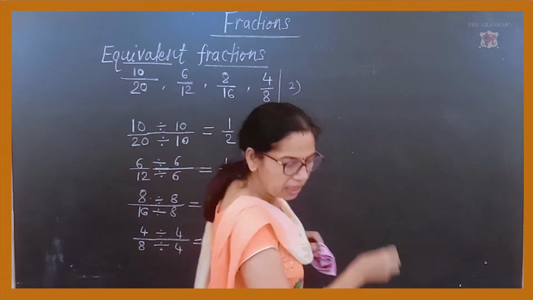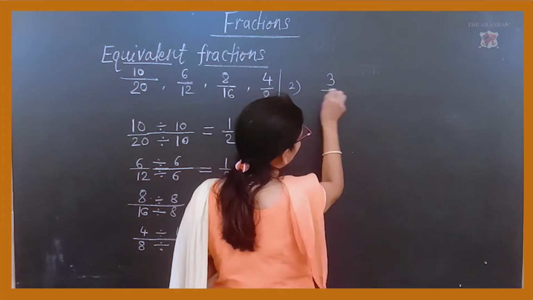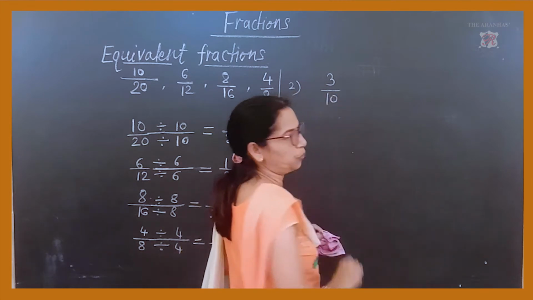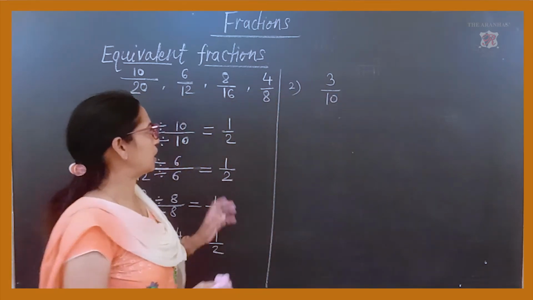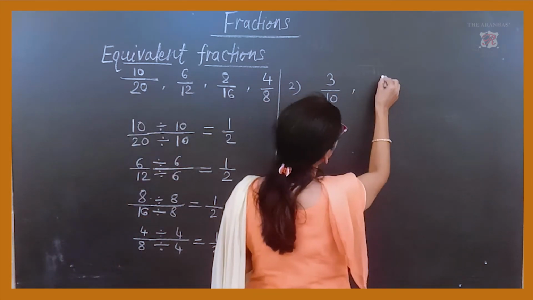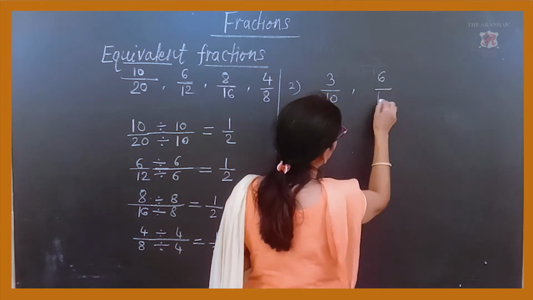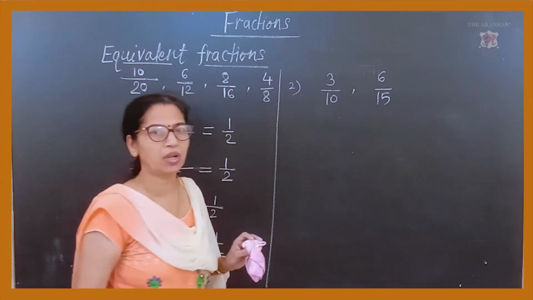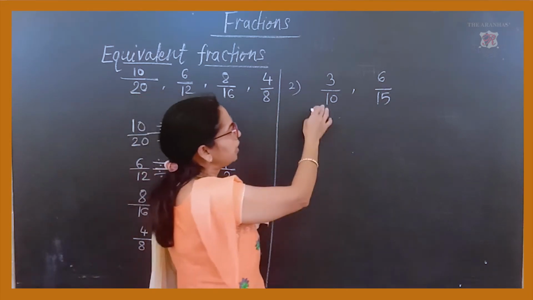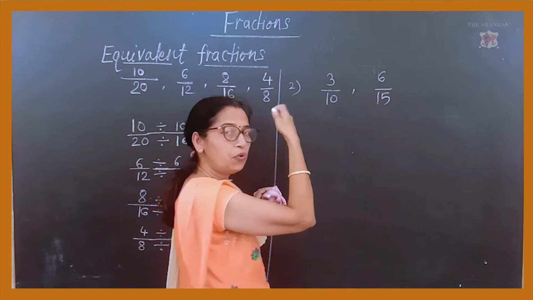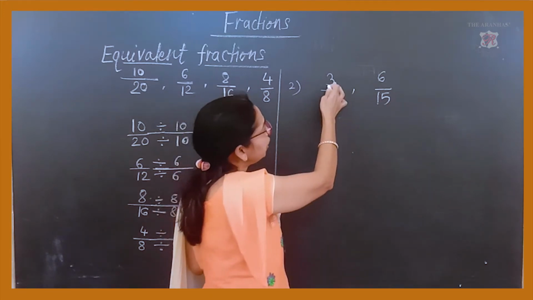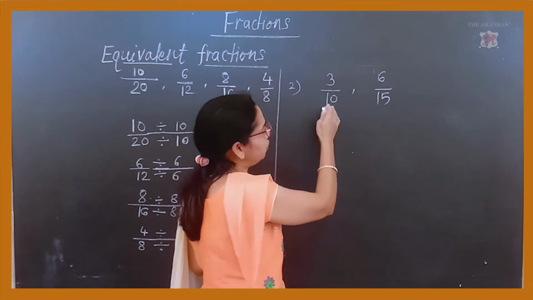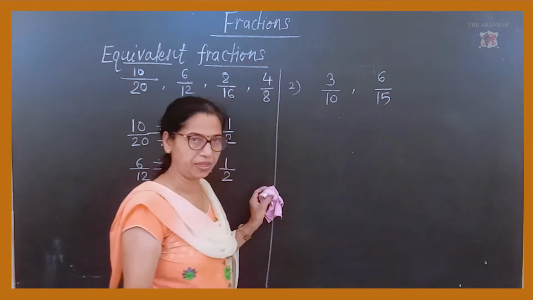Now suppose 3 upon 10 and 50 is given to you. Here, for these two fractions, if you observe, the numerators are different as well as the denominators are different.